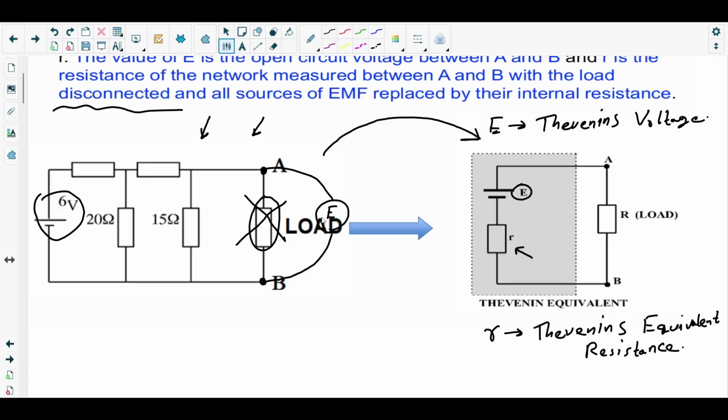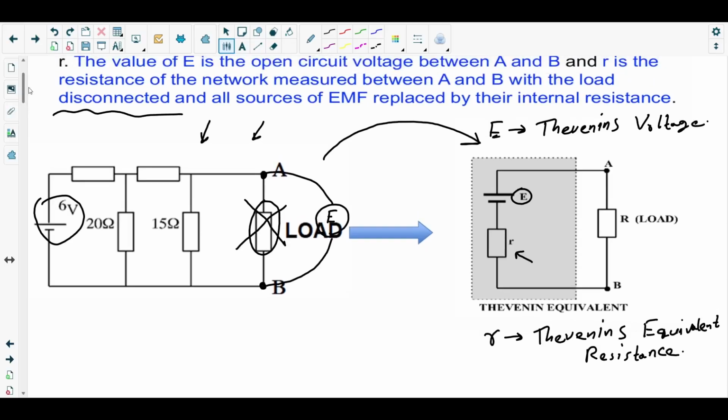Now the question is, I'm using the word Thevenin's voltage repeatedly, but what exactly does Thevenin's voltage mean? If I define it, you can say simply, Thevenin's voltage is the voltage that would be supplied to the load resistor.